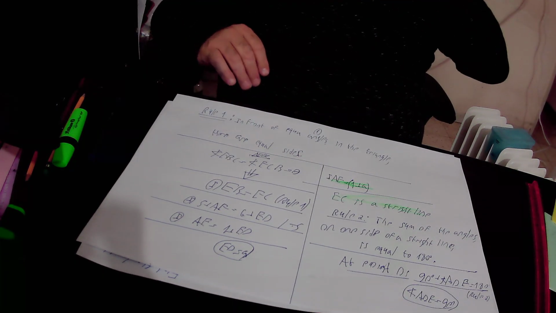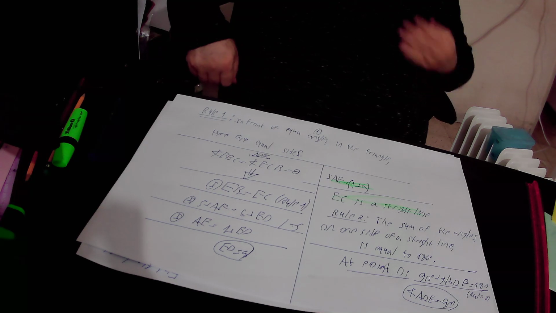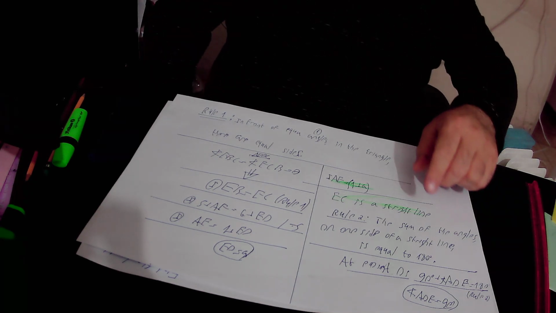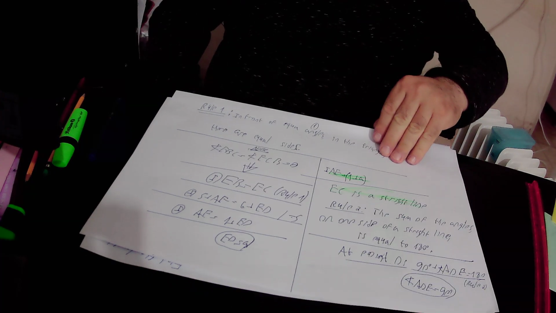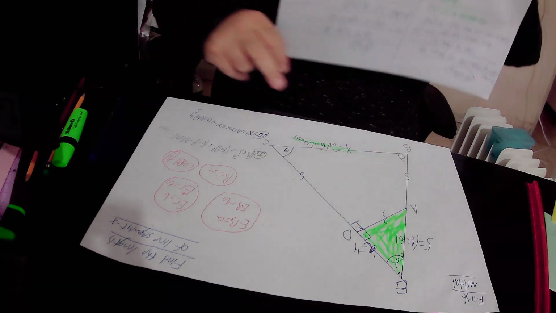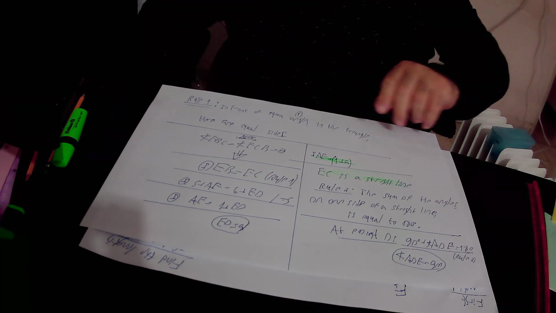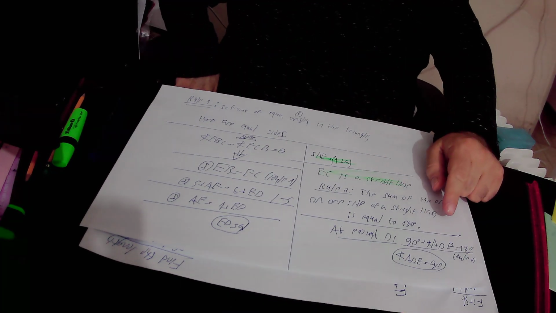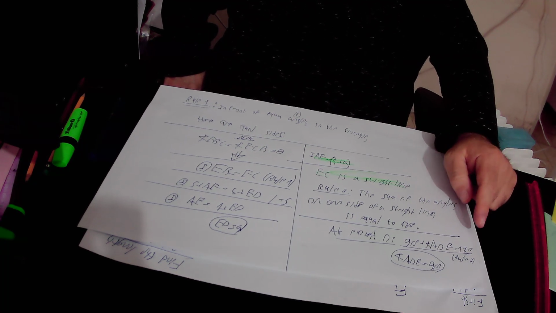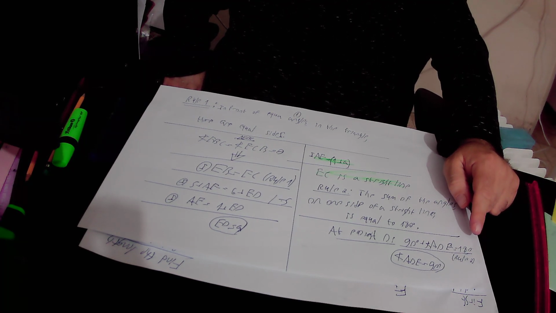I will repeat again. At this side of the straight line ED at point D, the sum of the angles must be equal to 180 degrees. So 90 degrees plus angle ADE, in total the sum of those two angles must be equal to 180 degrees according to rule number 2.